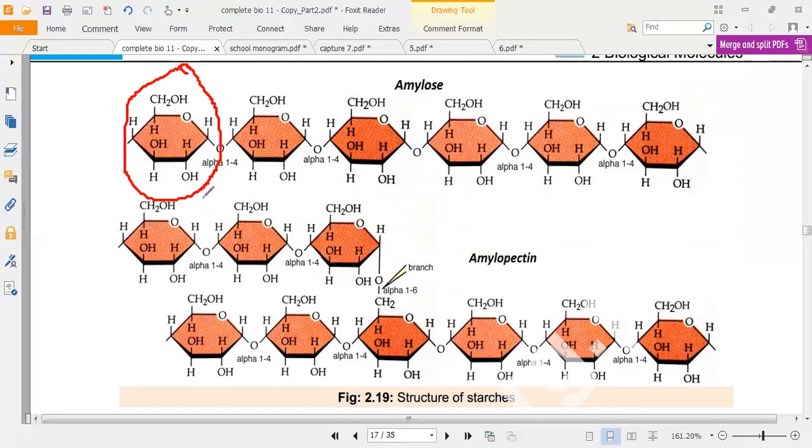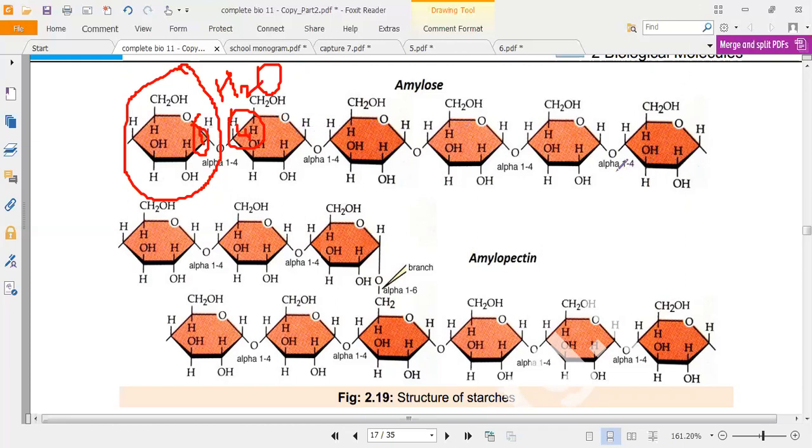Okay, alpha glucose is there, that's why this is an alpha 1,4 glycosidic linkage we have discussed in the previous lecture as well. So it is linked with oxygen, and water is removed via the condensation process. So lots of glucose molecules are bonded together by 1,4 alpha glycosidic bonding or linkage between all the glucose molecules.